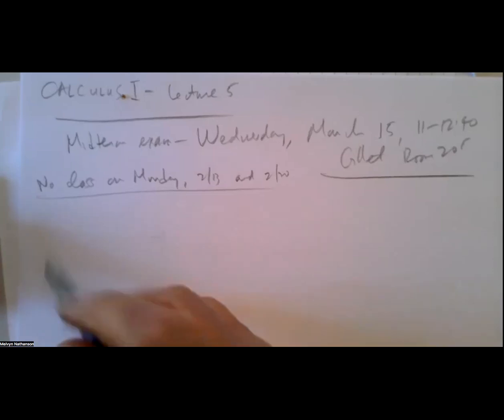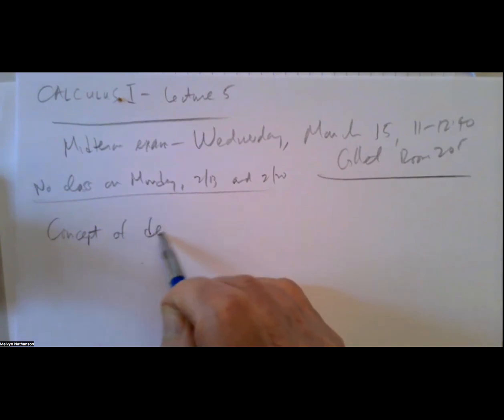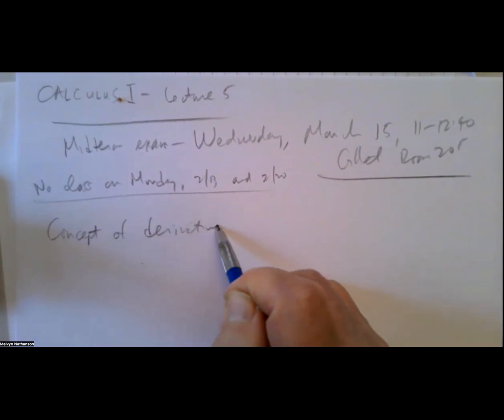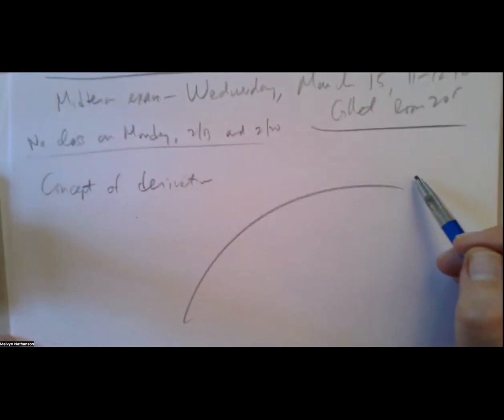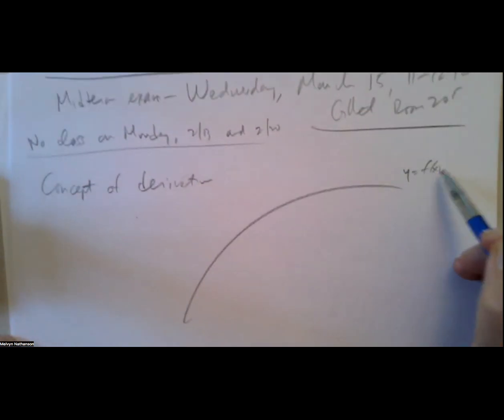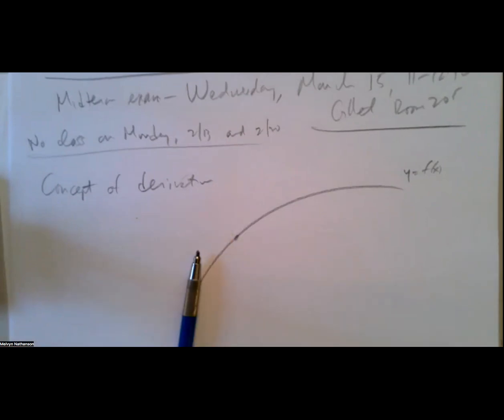So the concept of derivative is simple and basic. You have a curve. So say this is the graph of the function y equals f of x. So we have a function y equals f of x.